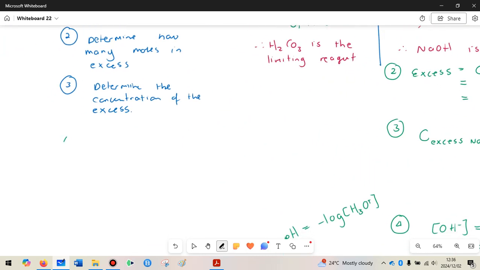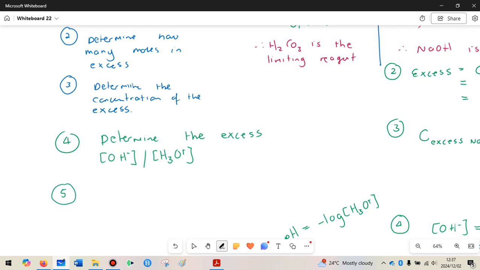So let's just finish our little steps here. Okay, so step 4, determine the either hydroxide or hydronium, depending on what it is in excess, concentration. Okay, square brackets means concentration. Let's just add here, determine the excess concentration of that. Okay, and you might think that step is silly or unnecessary, but remember, if the acid or base isn't monoprotic or monobasic, then the concentration isn't 1 to 1.